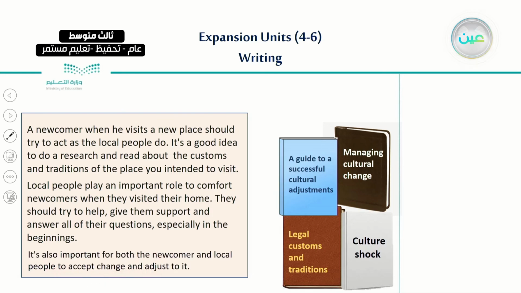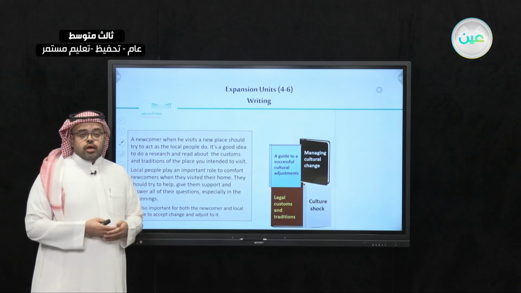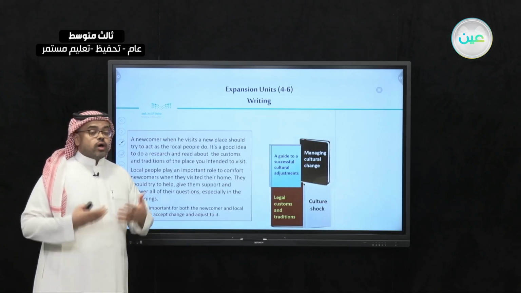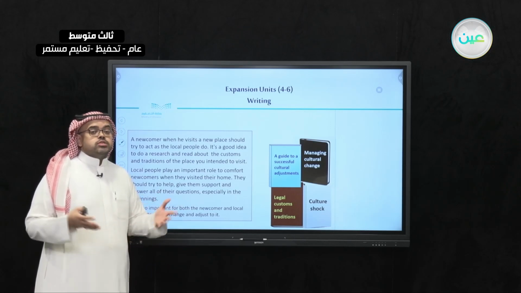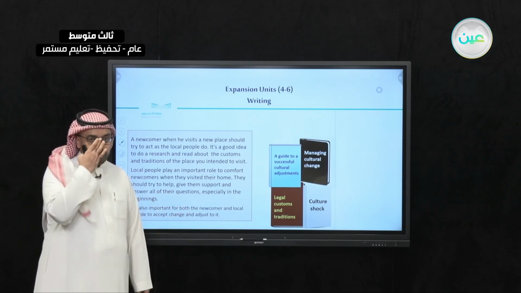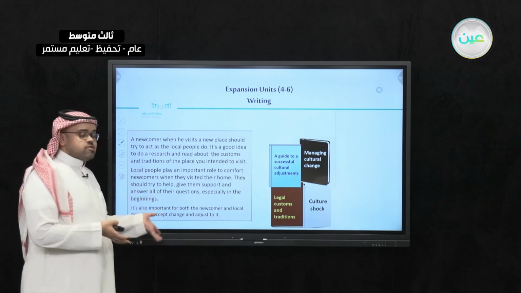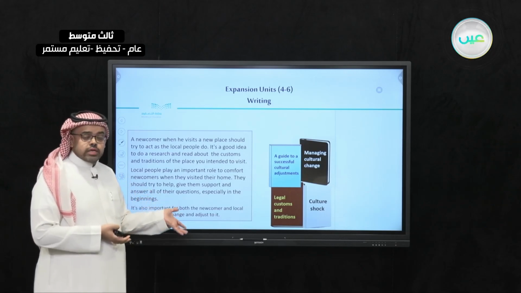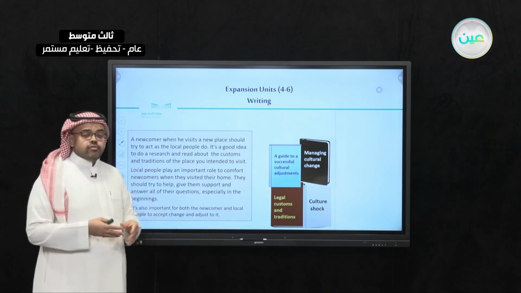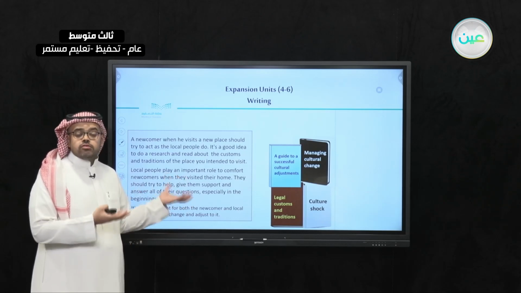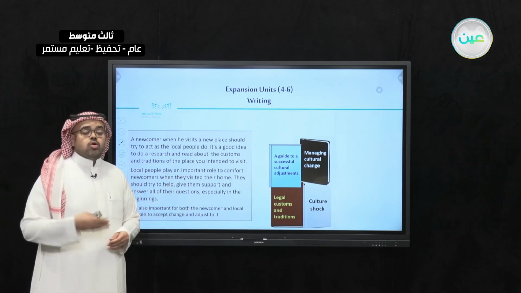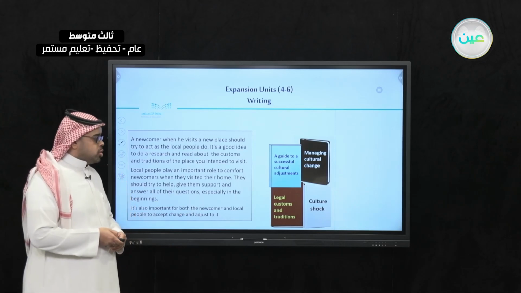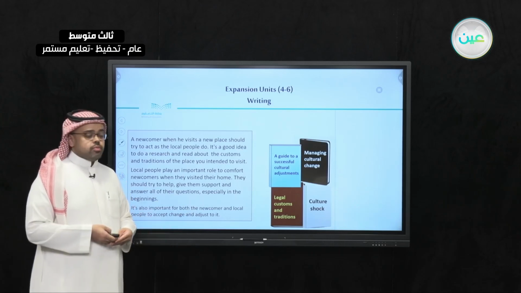It's very important, whether for a newcomer or for local people, to accept change and accept different people and their behaviors as well. So this is my sample, my writing. You can grasp some of the ideas I have written here, or you can add more of your own choice, and this will be preferable.